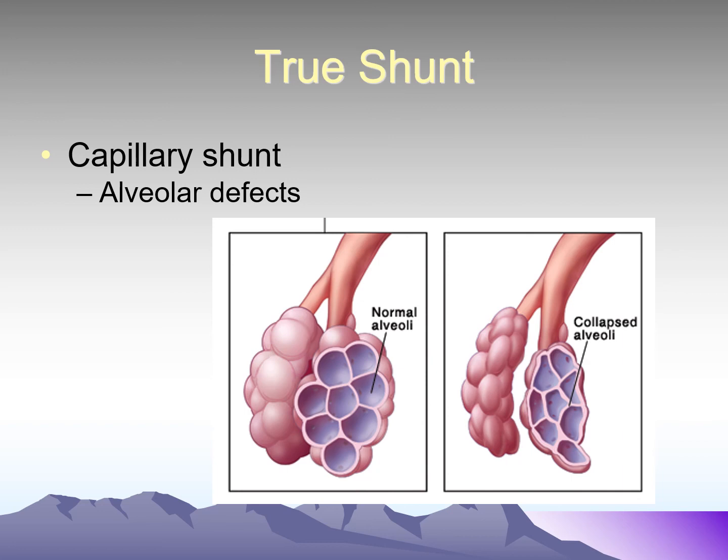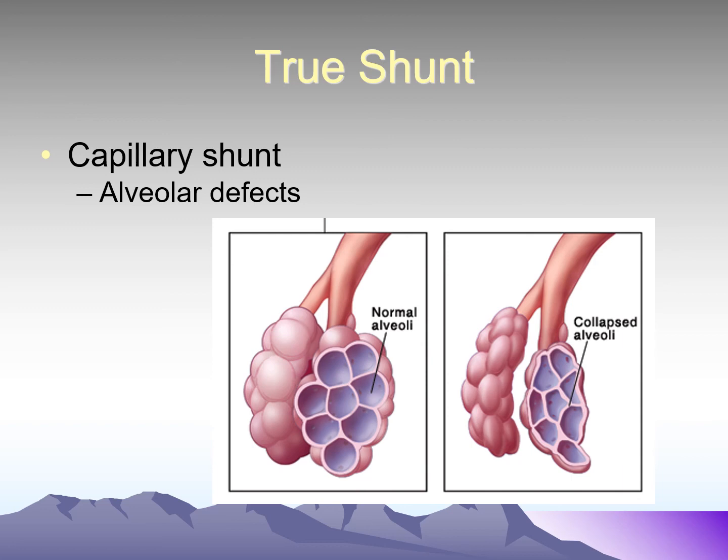So the collapsed alveoli are too far away from the blood vessels to properly participate in gas exchange. That's kind of what we're seeing. They do not respond to oxygen because the alveoli are unable to accommodate any form of ventilation because there is no ventilation, therefore no gas exchange.